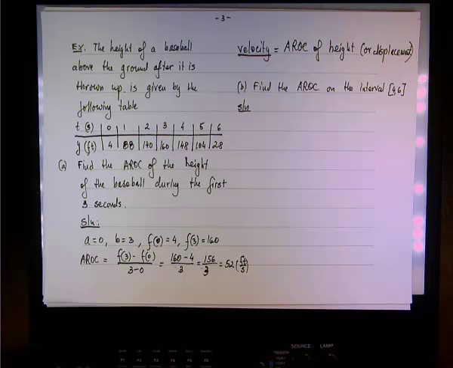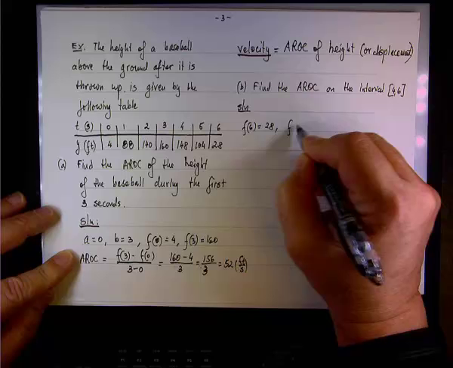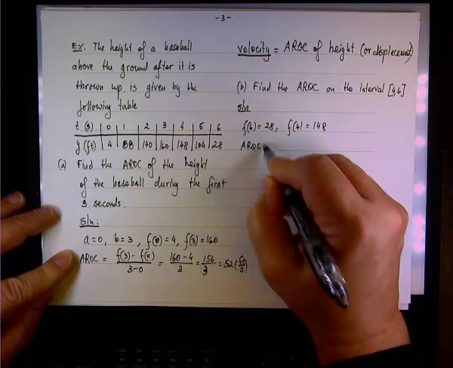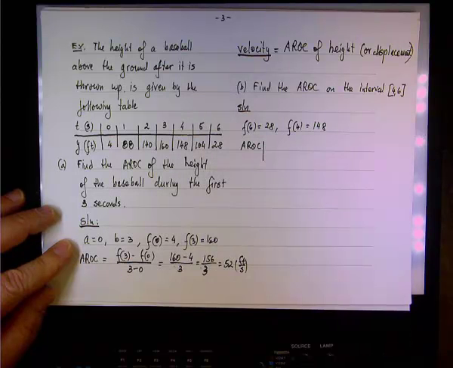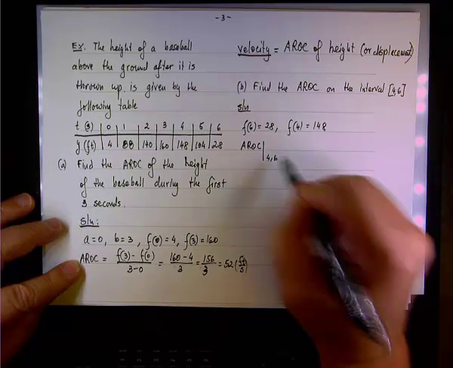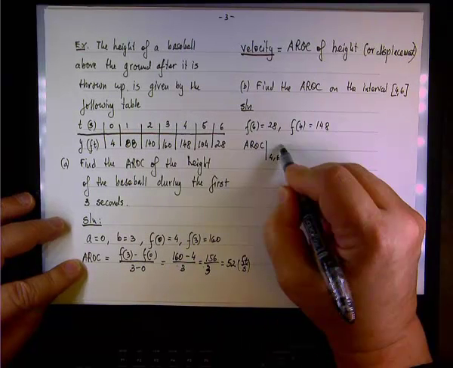Okay, so again, let's evaluate. f of 6 is 28. f of 4 is 148. And the average rate of change, I use this notation because I use average rate of change here, but here I go from 4 to 6, so I do 4, 6 just to indicate what the interval is. So it will be f of 6 minus f of 4.